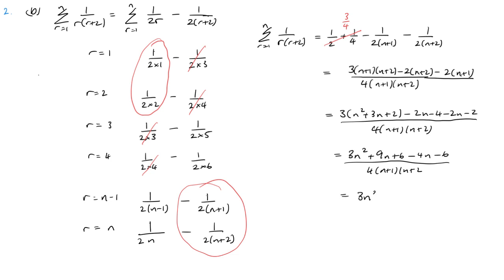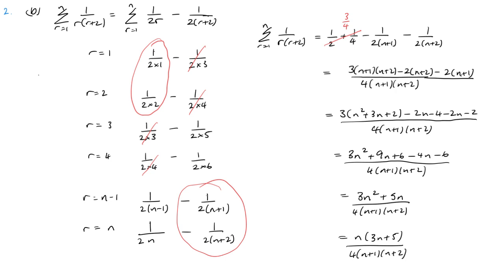So that's 3n squared plus 5n over 4 n plus 1 n plus 2. I can take an n out, so that's n times 3n plus 5 over 4 n plus 1 n plus 2. And that is question 2 complete.